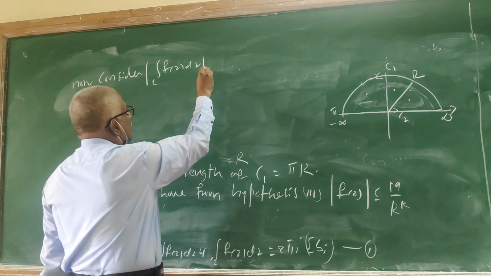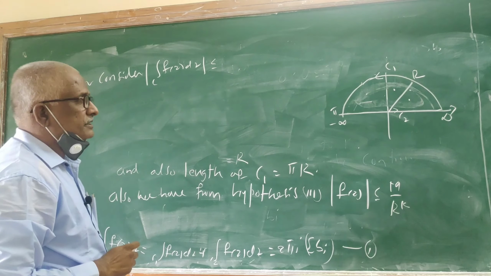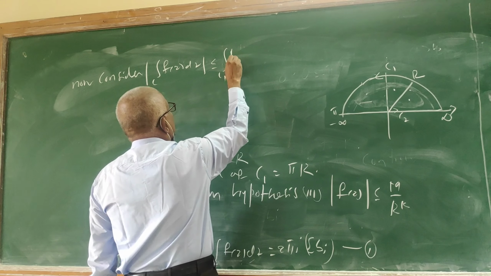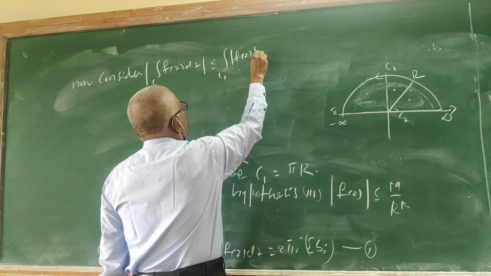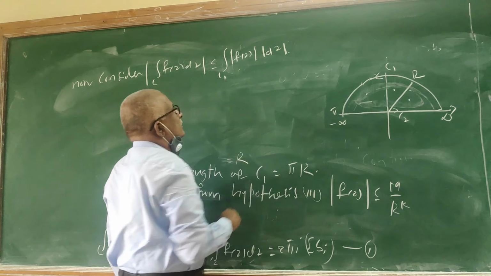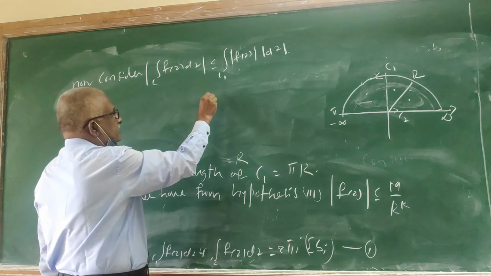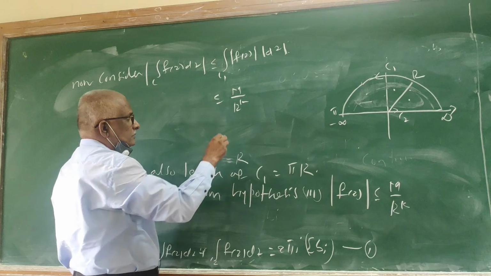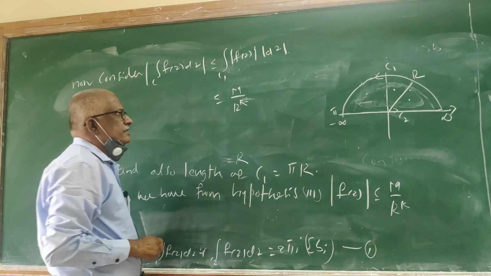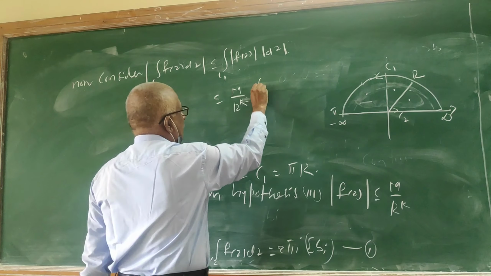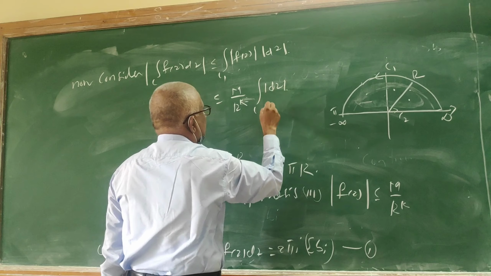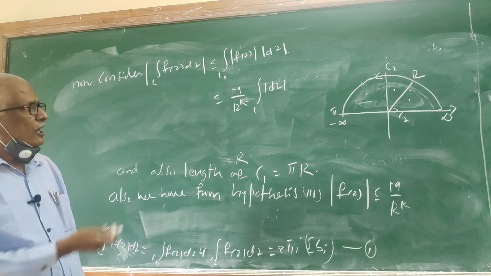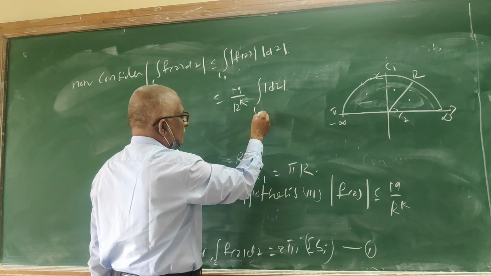By using the property of integration, this is less than or equal to the integral over C1 of mod f of z into mod dz. But mod f of z is less than or equal to m by r raised to k by hypothesis 3. It is m by r raised to k into the integral over C1 of mod dz. The integral of mod dz is, by definition, the length of curve C1.